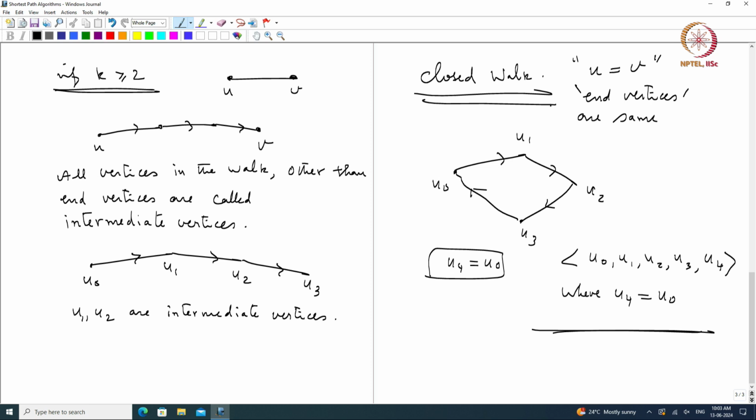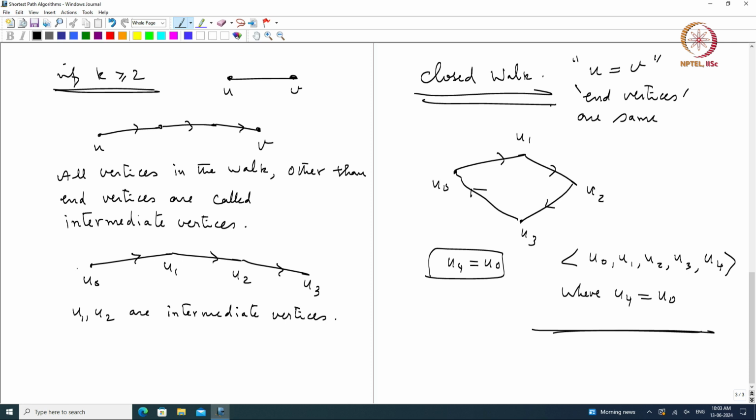By the way, a walk can be represented by a sequence of edges, or by a sequence of vertices. Here I have used the sequence of vertex notation.